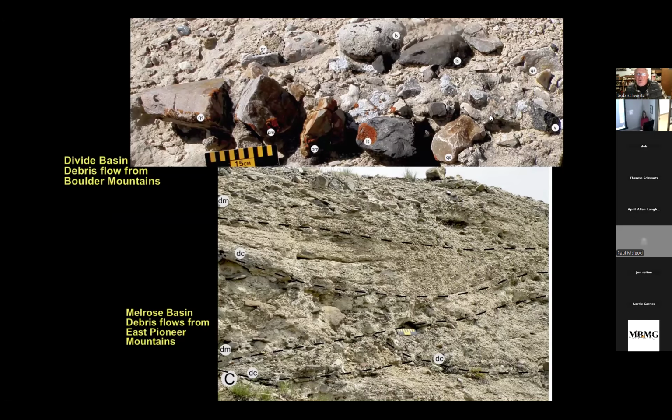Oh, this is McCartney Mountain in the Melrose Basin. This is on the southeastern side of McCartney Mountain, but a nice debris flow showing McCartney pluton source rocks, a granite boulder, limestone, coarse lithic sandstone, probably Kootenai.